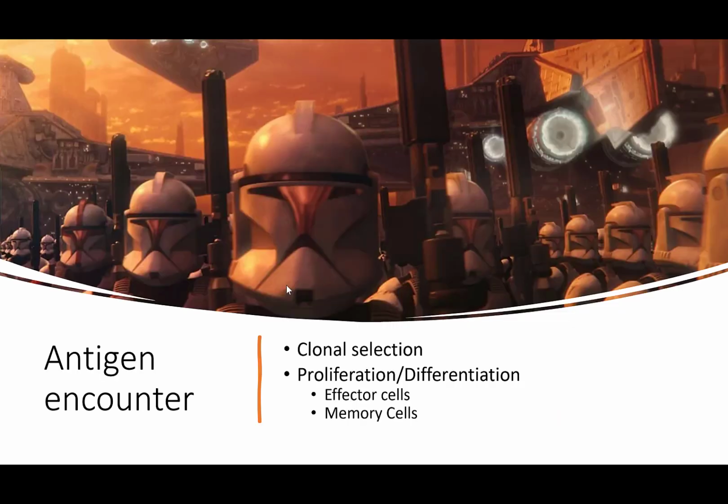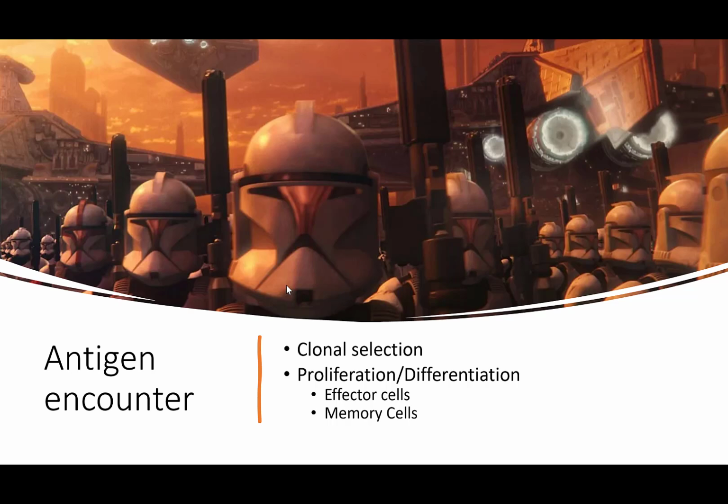So let's talk about the activation of your immune cells. When one of your immune cells, those B cells or either type of T cells, comes into contact with an antigen that they are specific to, and that's important, the specific to.